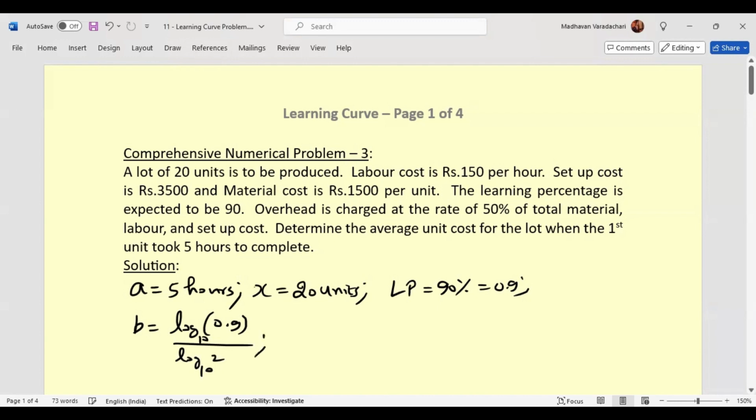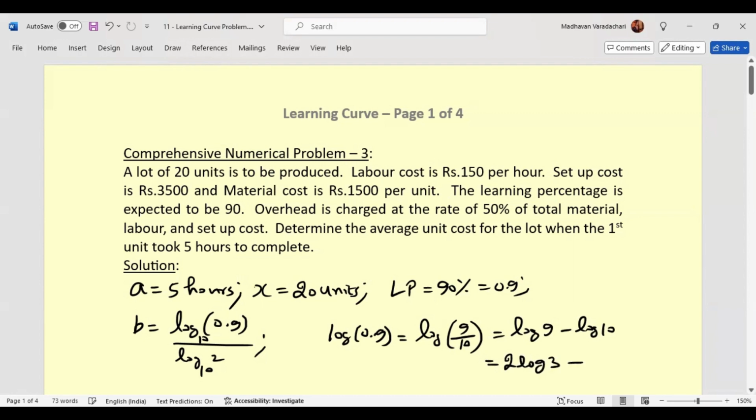Now we need to find out logarithm of 0.9. That can be written as logarithm of 9 divided by 10. That can be further simplified as log 9 minus log 10. Log 9 can be written as 2 log 3 because 9 is 3 square. So 2 log 3 minus 1.